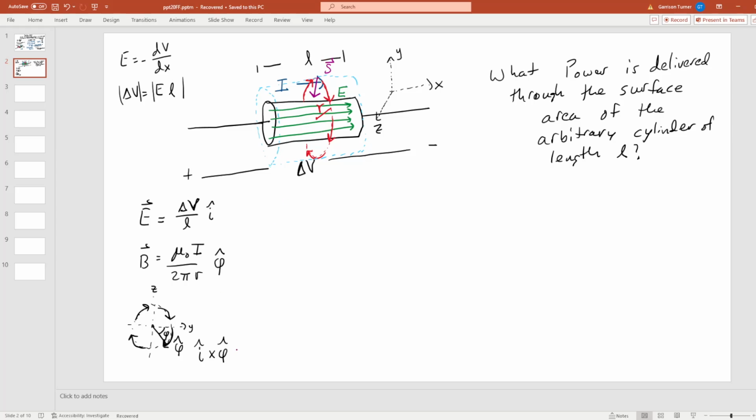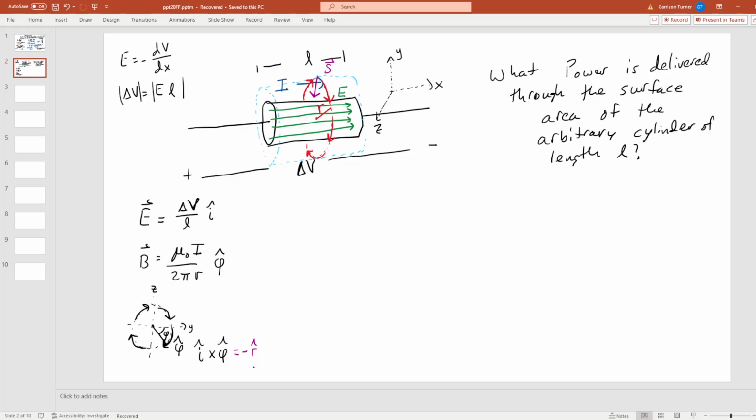So this equals negative, well, in this case, it's going to be constantly inward, so it would be negative r hat. It goes against the direction of your radius. But so your energy flow is inward, okay, through this arbitrary surface.